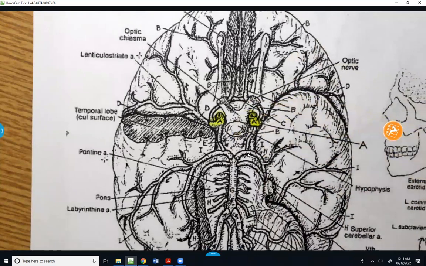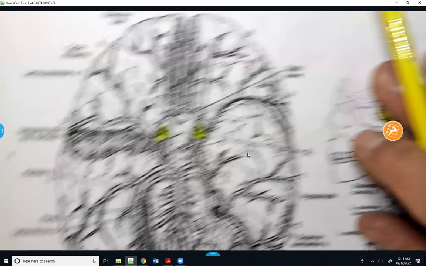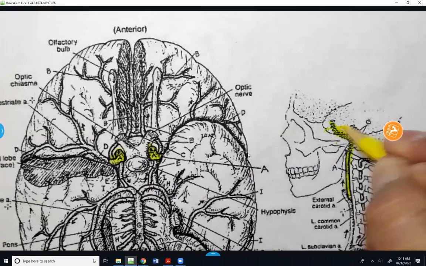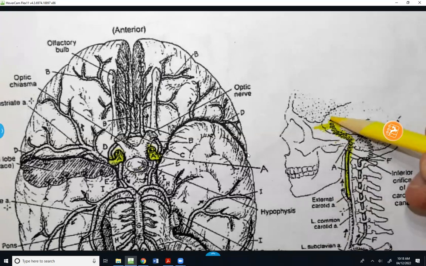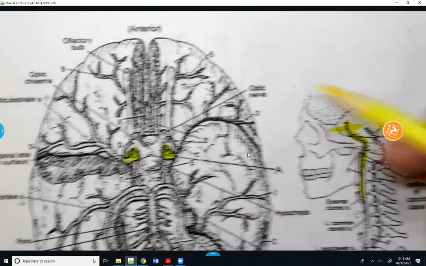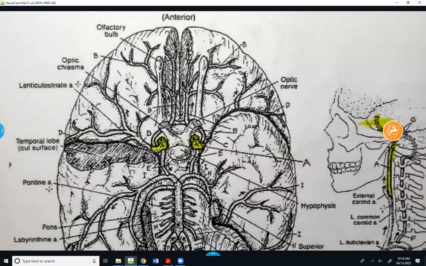There's the optic chiasm where the two optic nerves crisscross. Okay, it looks like there's not much to this blood vessel, but what you're really seeing in this image is just, if I draw a line right there, all you're seeing is that much of it, because they've been cut off. Does that make sense? Okay.